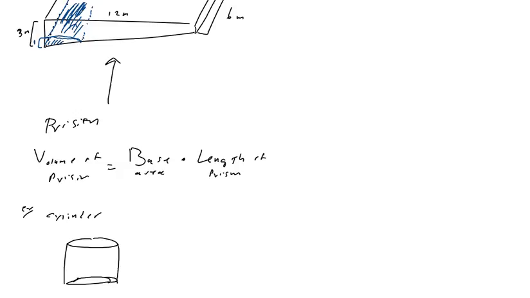The base of the prism in this case is going to be this circle here, and this circle here. So what's the area of a circle? The area of a circle is pi r squared.